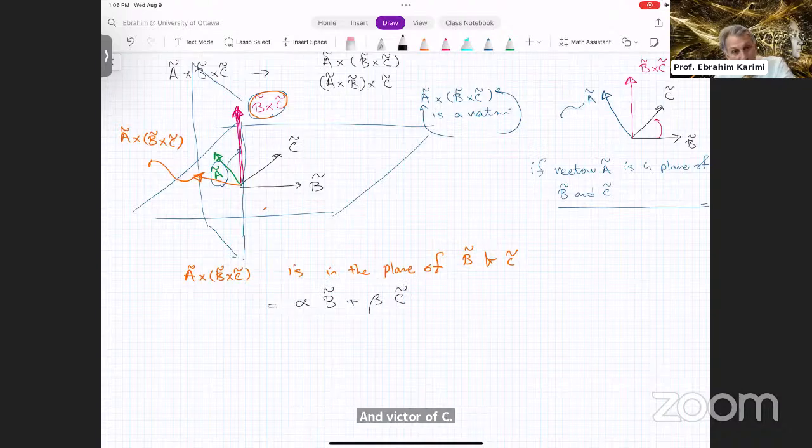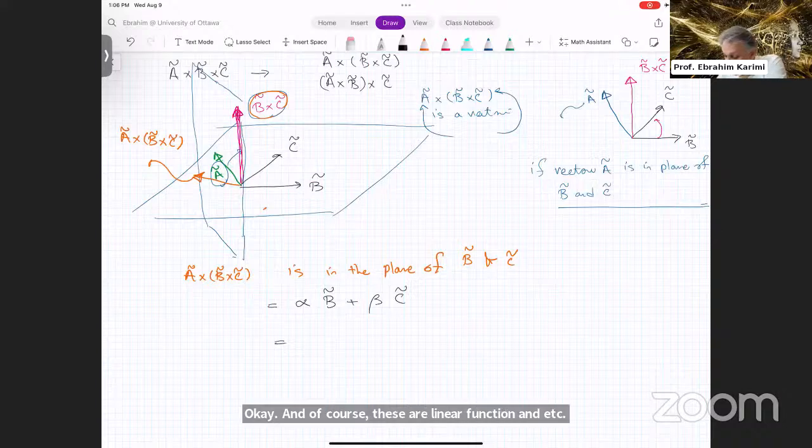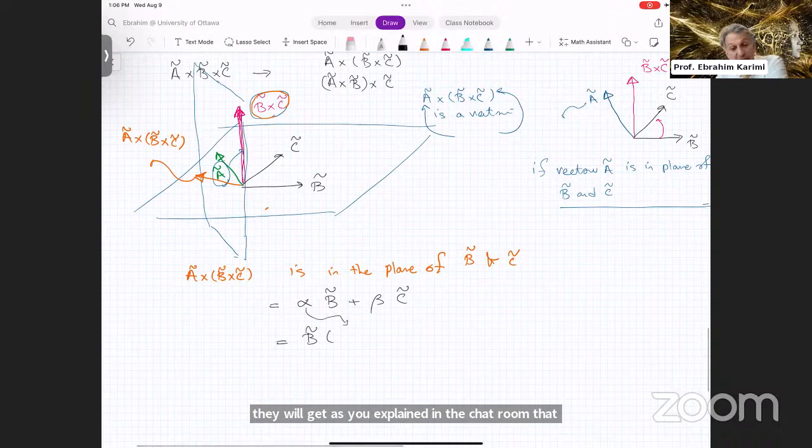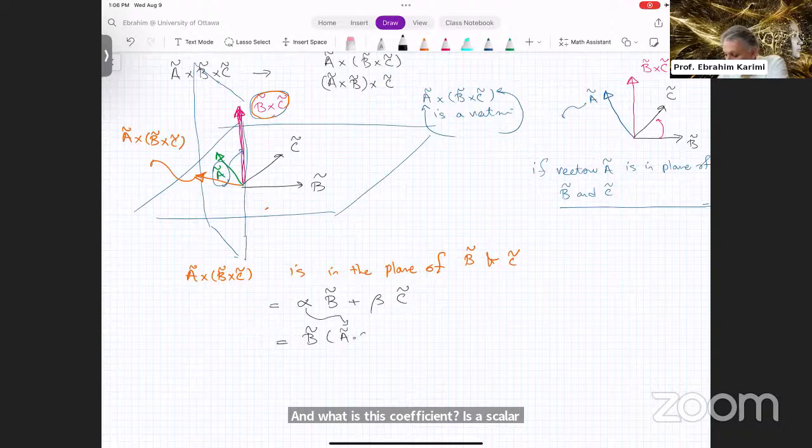Okay? And of course, this is a linear function, etc. So someone can do a little bit of mathematics, and what they will get, as you explained in the chat room, will be given by B. And what is this coefficient? It is a scalar quantity. What is this scalar quantity? A dot C. And then plus C. What is this scalar quantity?